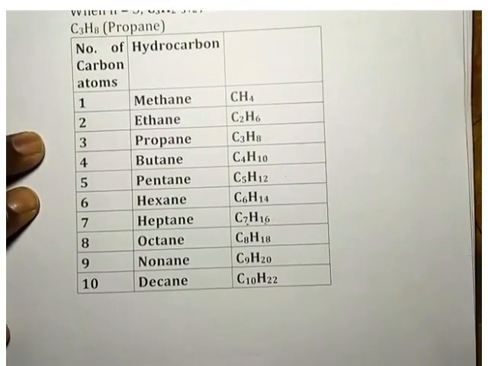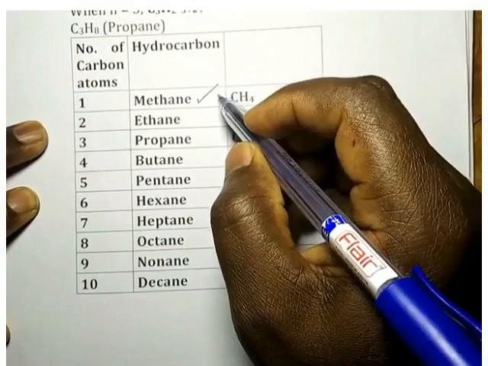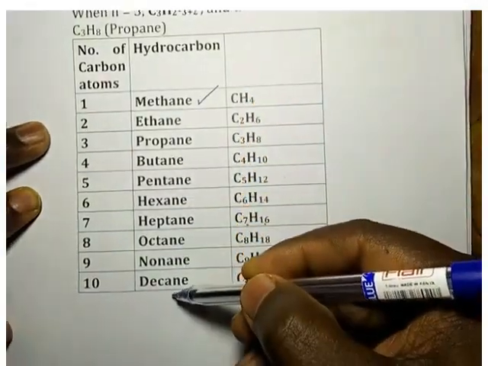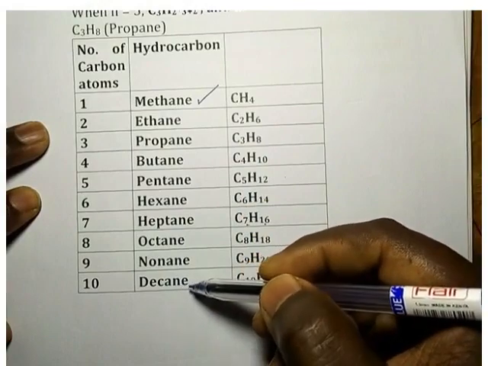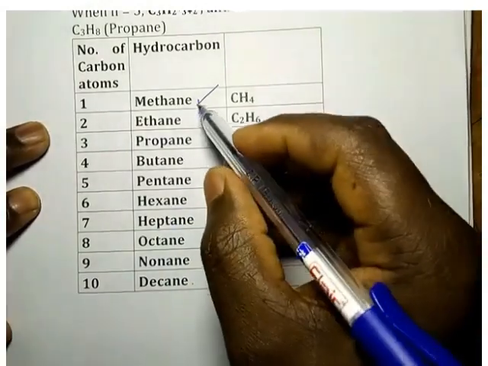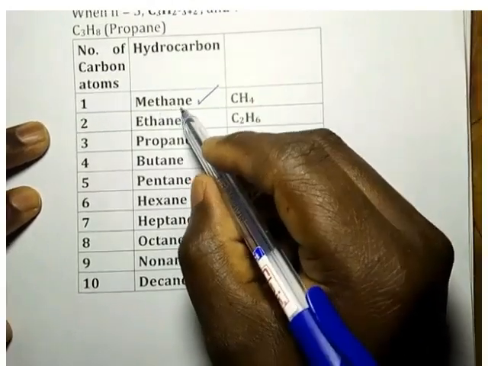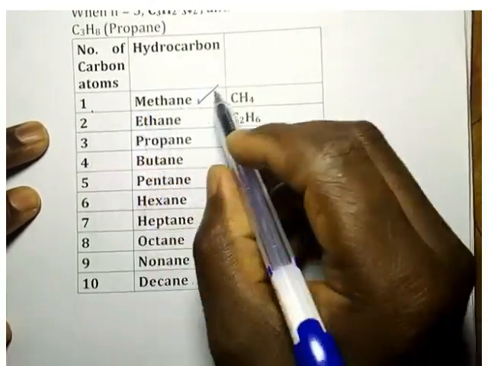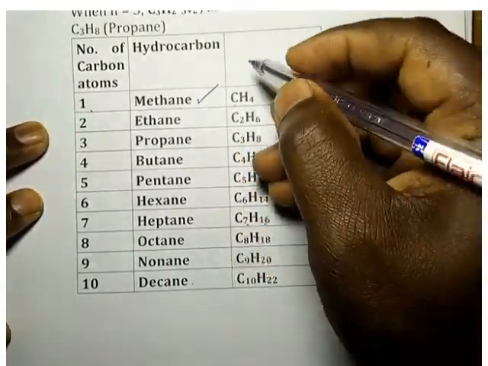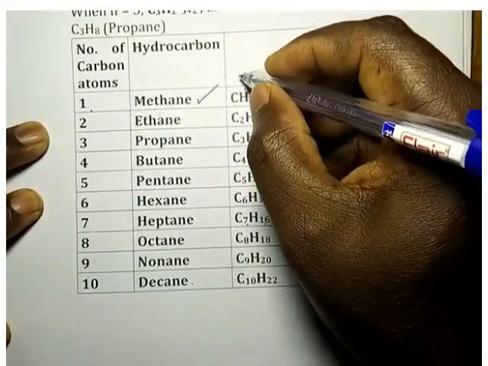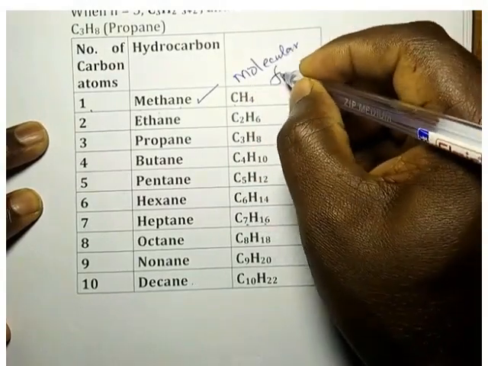The first alkane we call methane. It is important that you master the names of the alkanes, at least up to the 10th one. Methane has only 1 carbon and 4 hydrogens, and this is the molecular formula.